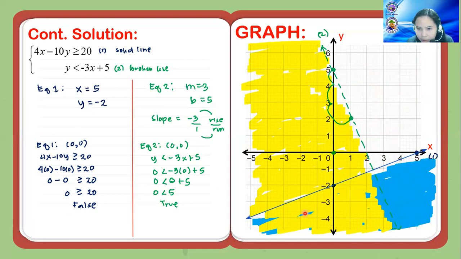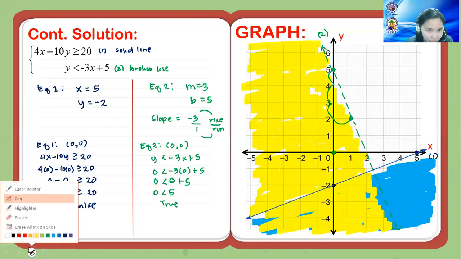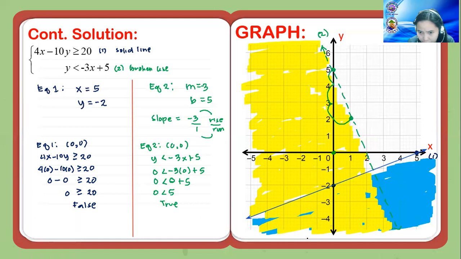And here on the last part, we have the yellow and blue regions. Okay, so they overlap on this part. Therefore, this will be the solution set. Okay, so we will write it here. This is the solution set. This part is the solution set.